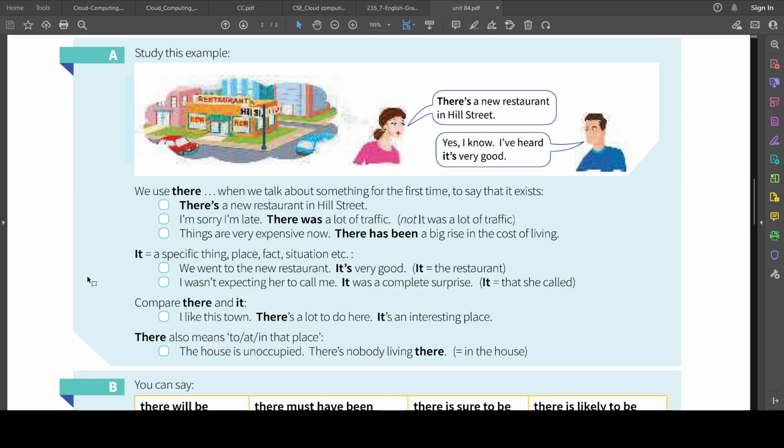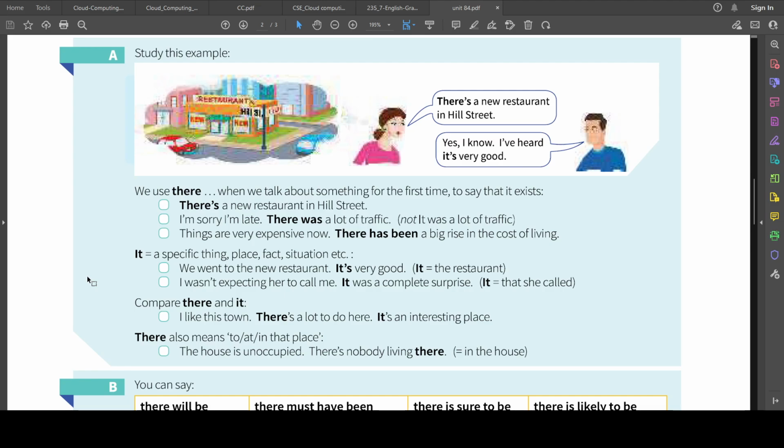For example, I like this town. There's a lot to do here. It's an interesting place. So check it out. There's a lot to do here. We're talking about the existence of a lot of things to do in this place.